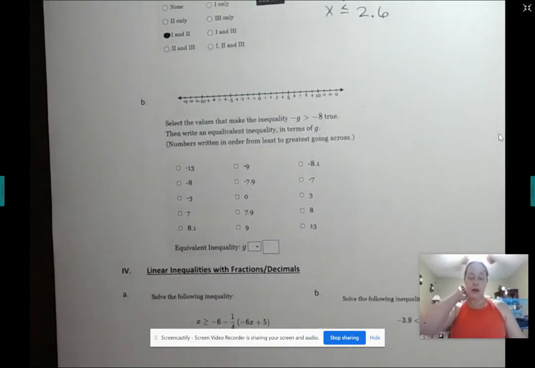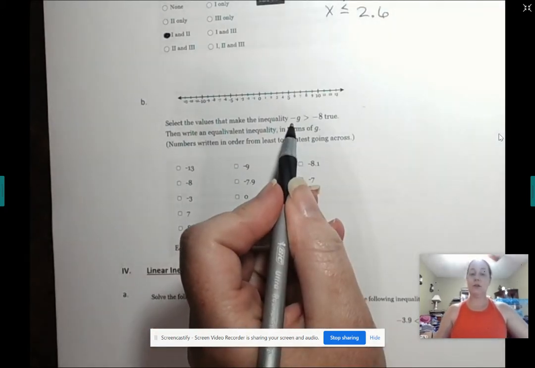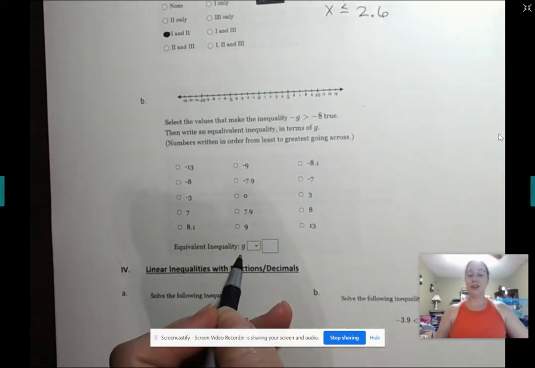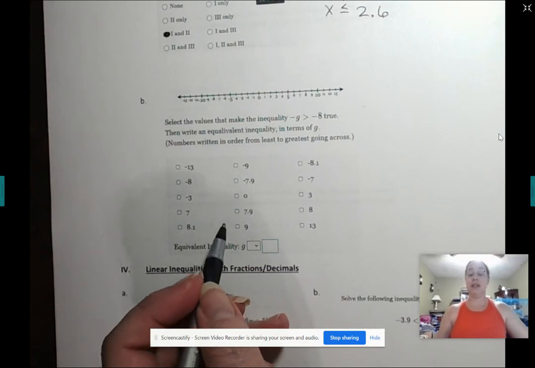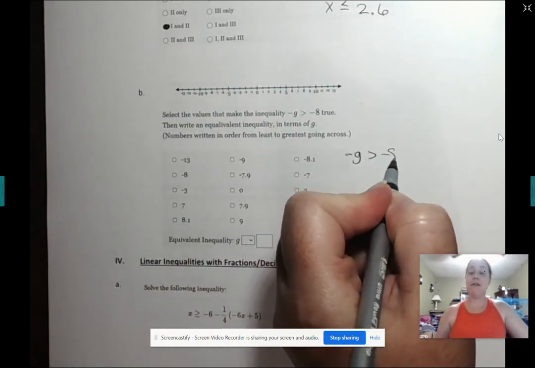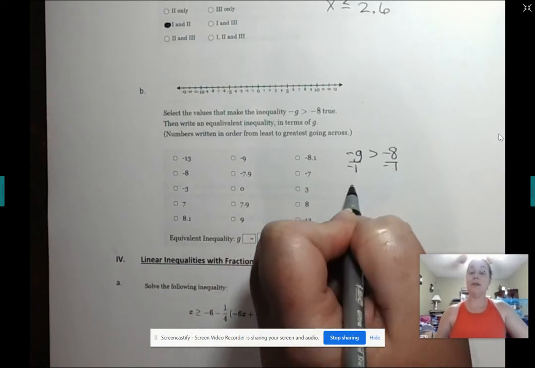Now, they could give you a bunch of numbers, and they're going to ask you to select the values that make this inequality true. They also want you to solve for G, and that's what I would do first, and then go back and choose which of these is part of the solution. So I'm going to take this inequality that they gave me, and it's almost solved for G. I just need to get rid of the negative in front of it.